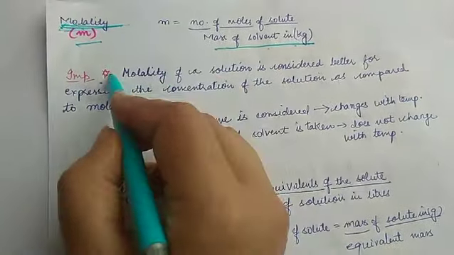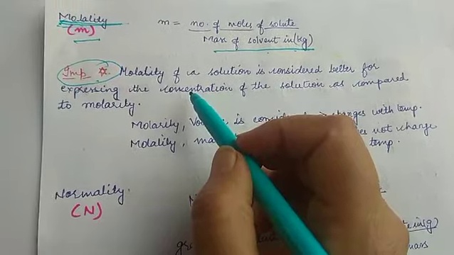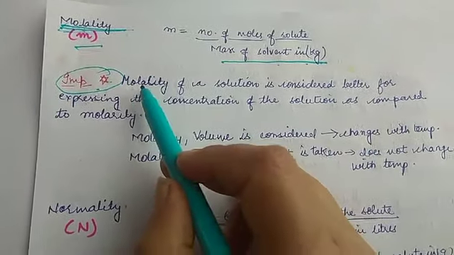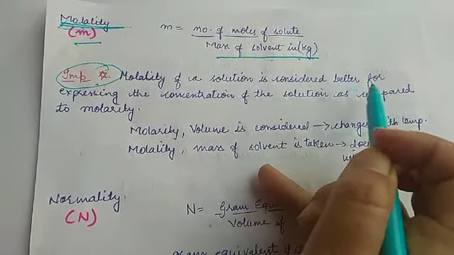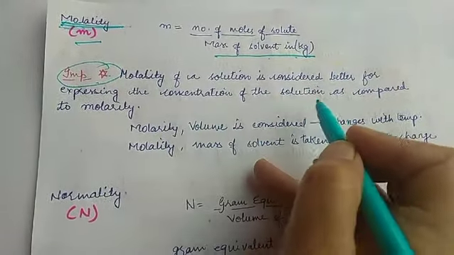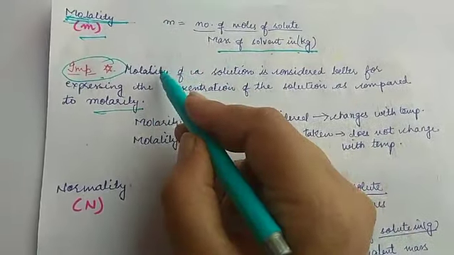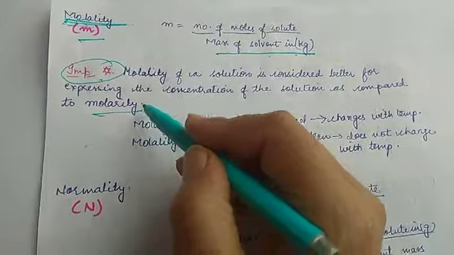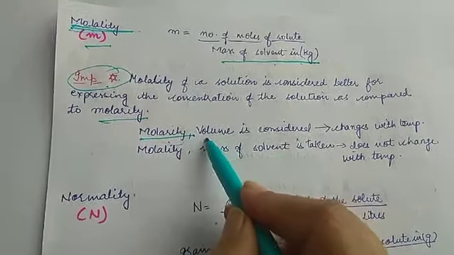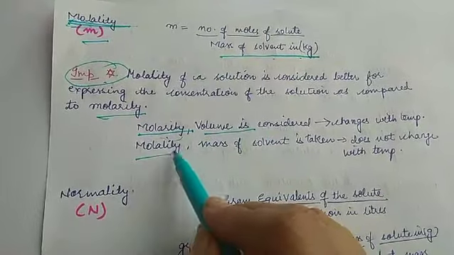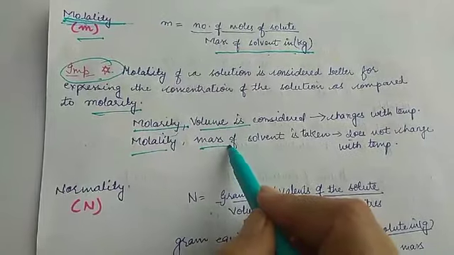Next, this is an important question that can be asked: why is the molality of a solution considered better, or preferred, for expressing the concentration of a solution as compared to molarity? Simply, why is molality preferred over molarity? Because as we have seen, in molarity in the denominator we have volume, and in molality we have mass.